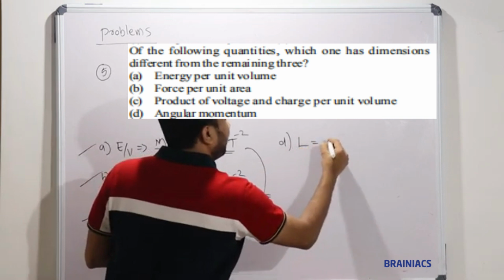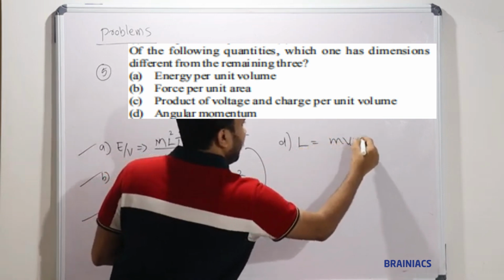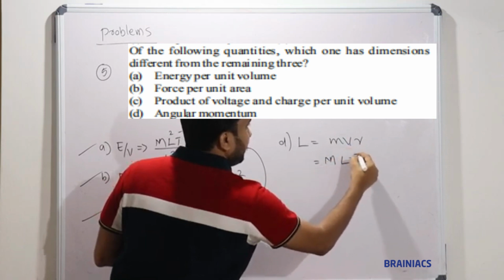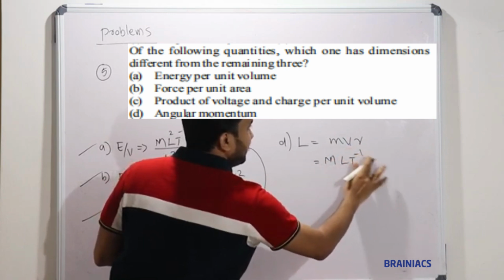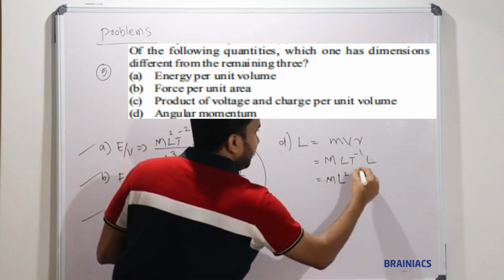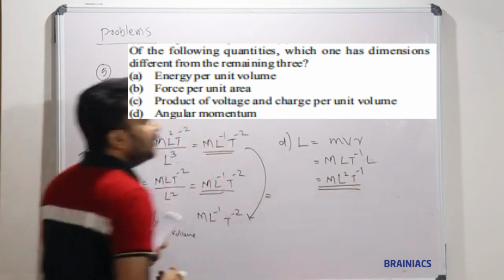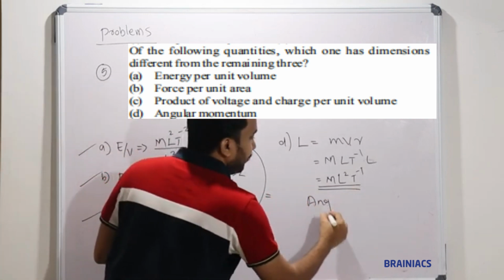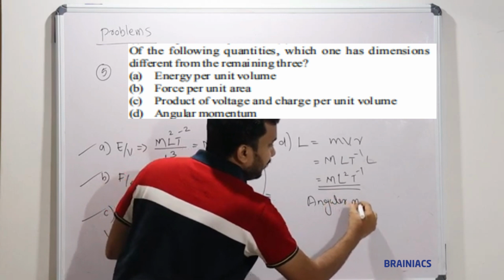Angular momentum L equals mvr. Mass is m, v is velocity, LT power minus 1, r is the distance, which is called L. So what will we get? ML squared T power minus 1. This is the dimension formula of angular momentum.